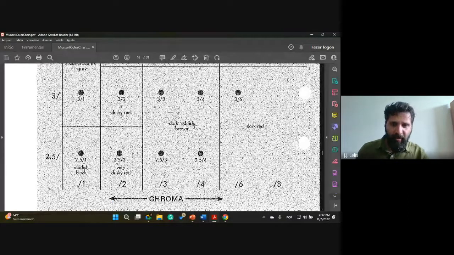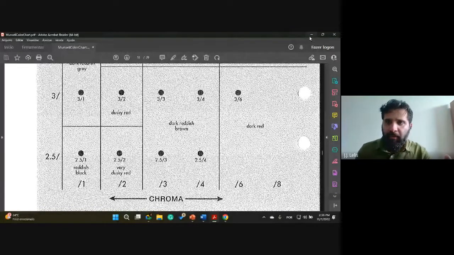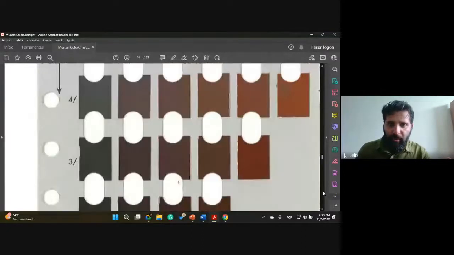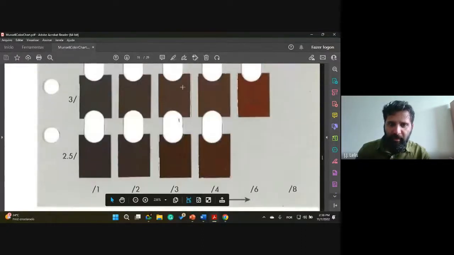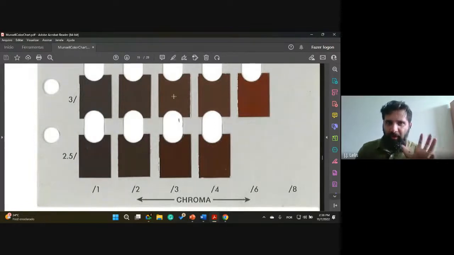Okay, so it's a reddish color. We have a lot of red, but it's a dark reddish brown color. Okay, it's not a light color, it's not so dark, but it's a brown color, dark brown color.